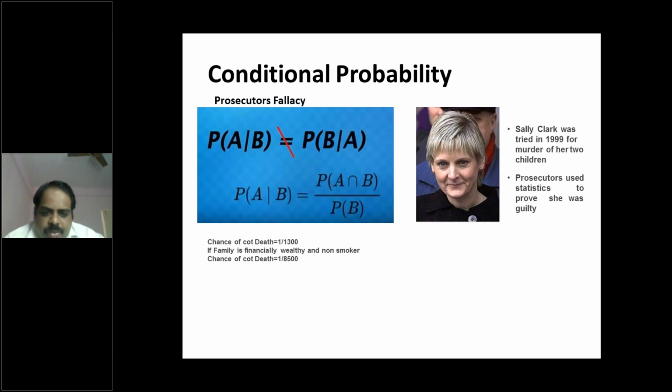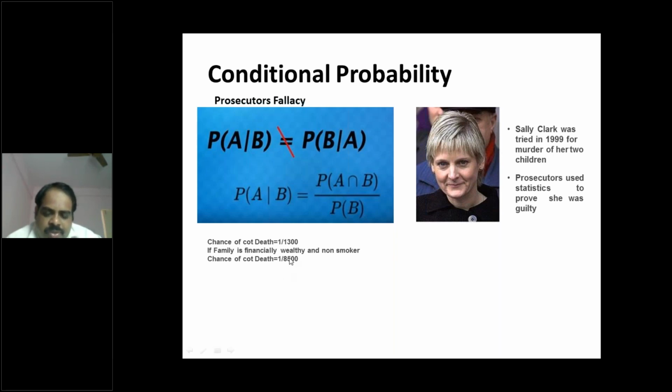But to further prosecute her, they said she comes from a very good financial background, she's wealthy and she's a non-smoker. By adding these conditions, the probability of losing a child to cot death further reduces. Poor children can die of a lot of reasons, but rich people's children may not die. That was the argument put forward, and the probability changed.